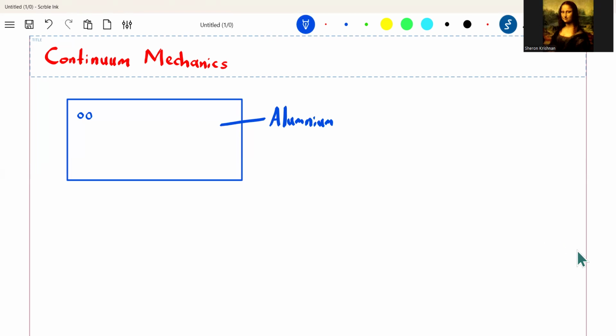Even if we go further and further, you will end up with one aluminium atom. It consists of protons and neutrons. Also, it's surrounded by the electron orbits. So that means, finally, we know the matter is not continuous.